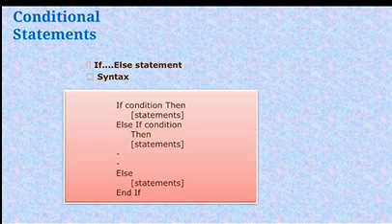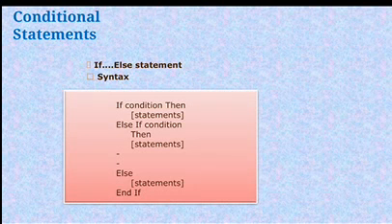Conditional statements help you to make a decision based on certain conditions. These conditions are specified by a set of conditional statements having Boolean expressions which are evaluated to a Boolean value, true or false.